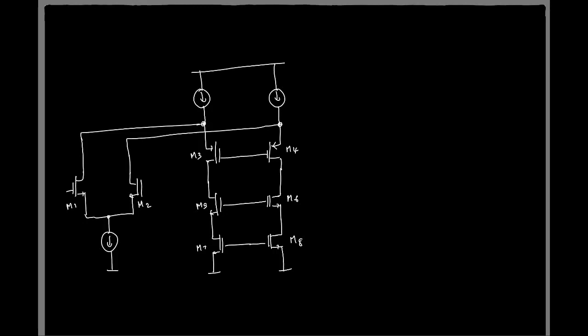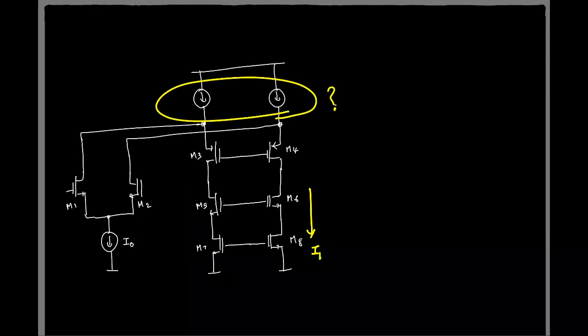So say this is a current I0 for the differential pair. Let's say I want to have these two branches to be biased at a current I1. What should be the value of these current sources?